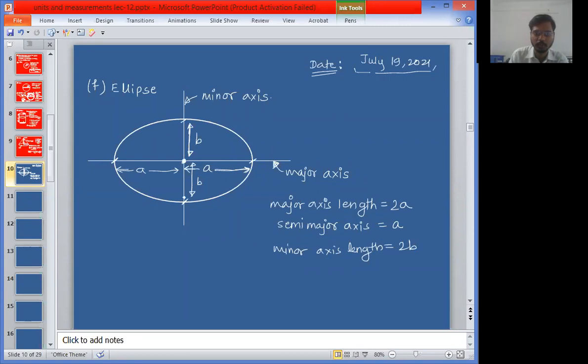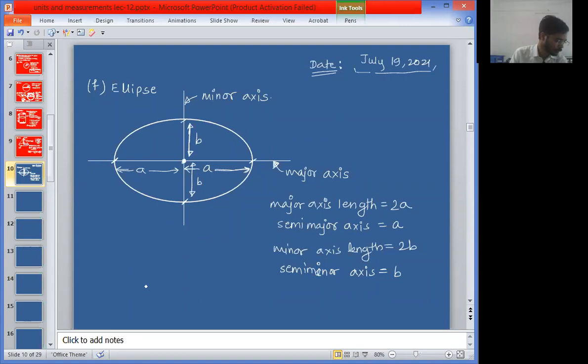This much length is b, this much length is b. 2b is the total length of the minor axis. And what is the semi minor axis? Half of the minor axis. Semi minor axis is equal to b, and total minor axis is equal to 2b.